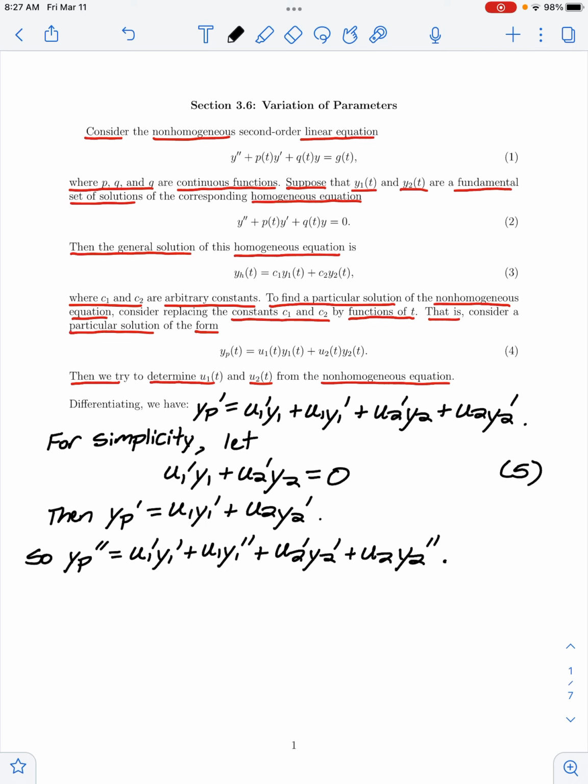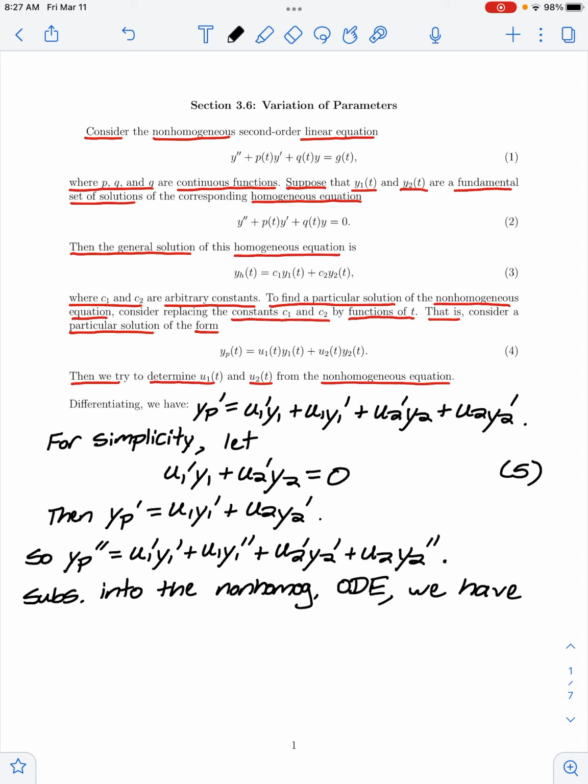So let's now substitute this particular solution and its derivatives into our non-homogeneous differential equation. Let's see what we have.